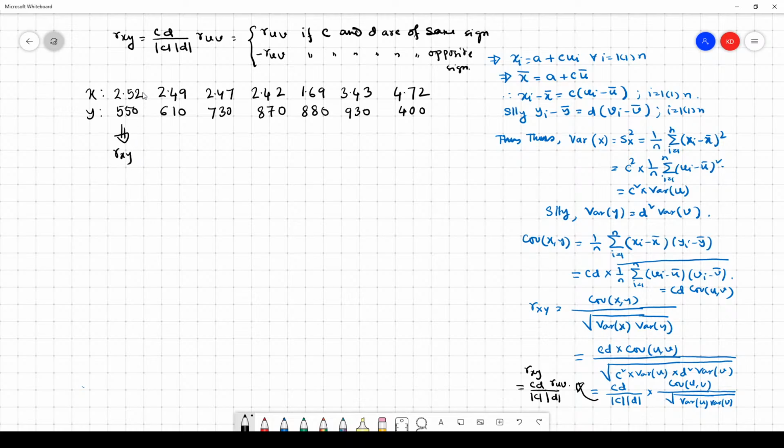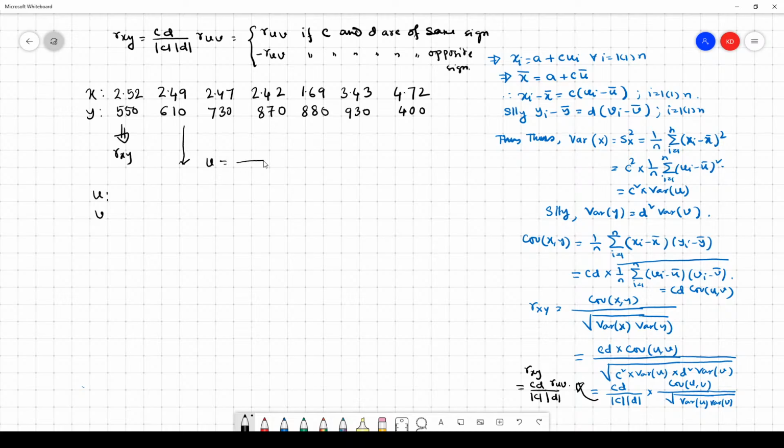So we observe that computing the correlation coefficient between x and y is quite laborious, because if you find the covariance of xy and the variances of x and y, it is quite laborious. So for reducing the labor, we can transform these two variables x, y to a new variable u, where u, as we already defined, equals x minus c by d.